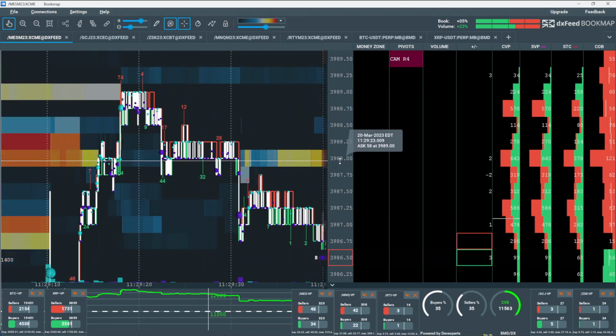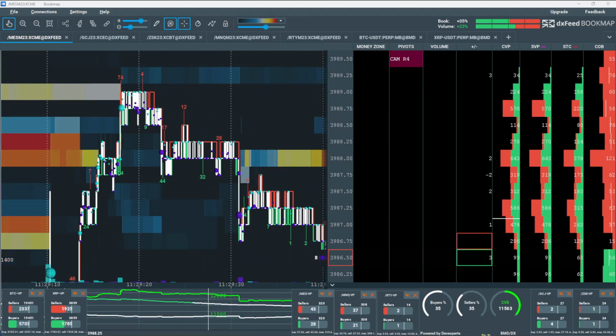Up here, as you see, we're starting to get very little buying. There are no initiative participants really making any big moves right here. The buying is starting to dry up. This is at 11:29, right after I stopped out, and that was the doji candle I was showing you before.